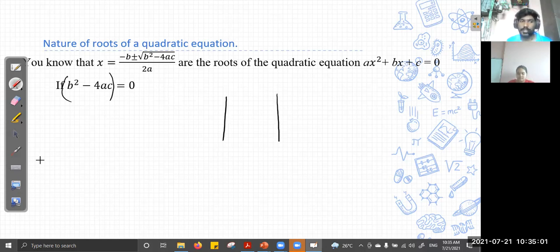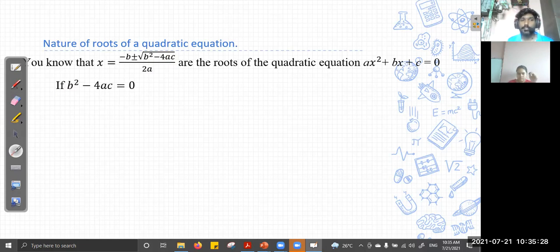That is the determinant. This is the discriminant. They are two different words. So this part of the formula, b squared minus 4ac, is called the discriminant. In the exam, they can ask you to find the discriminant of this quadratic equation. That means you have to find out b squared minus 4ac.